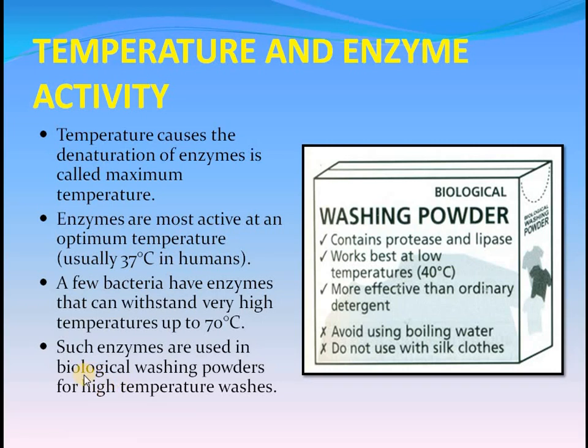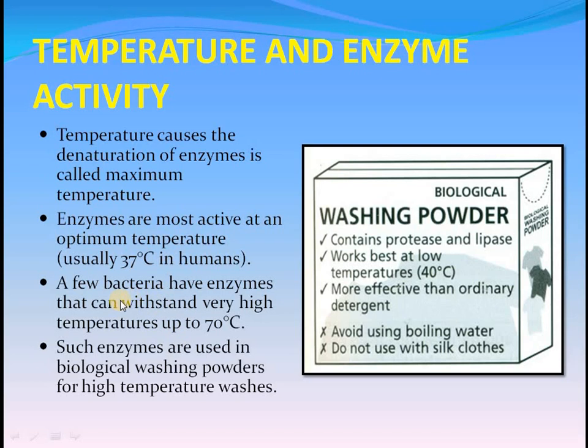Now, what is biological washing powder? Biological washing powder and liquid contain enzymes and proteins to get clothes clean. Here are some properties of washing powder. Basically, they contain proteases and lipase, which work best at a low temperature, that is 40 degrees centigrade.